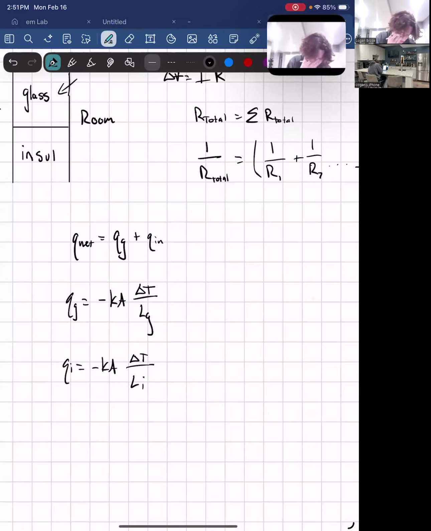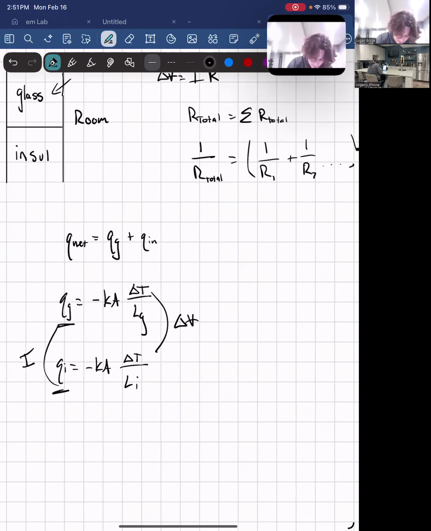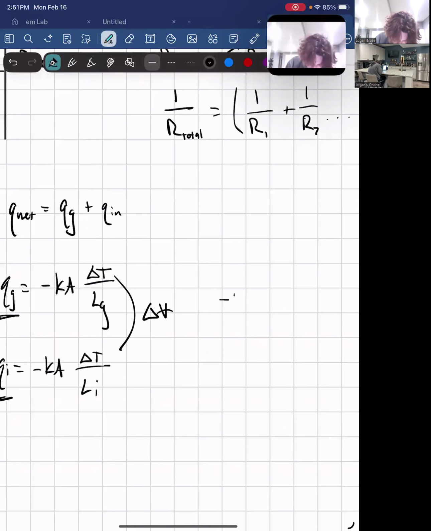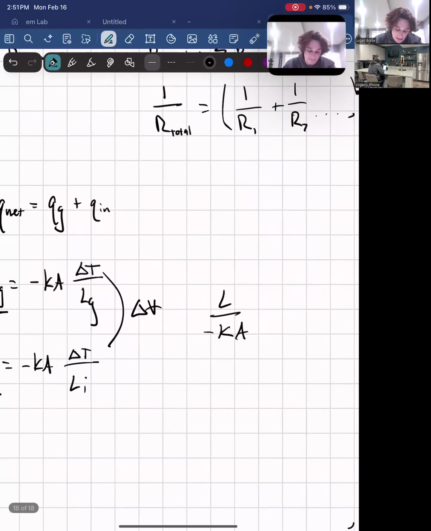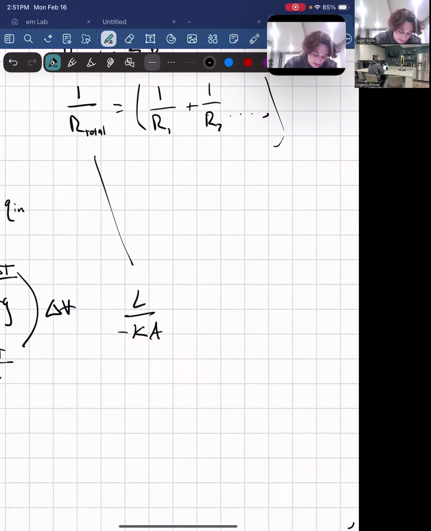And so if we remember from in series, we know that this Q value is our I, the T value is our delta V. So what we're left with is our L over kA, for the individual, depending on which one it is, right? And so, as I explained in the beginning, right?